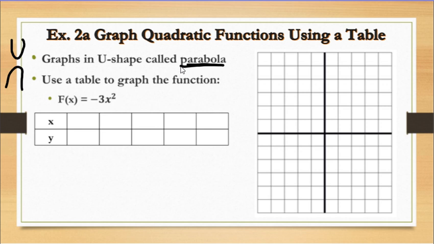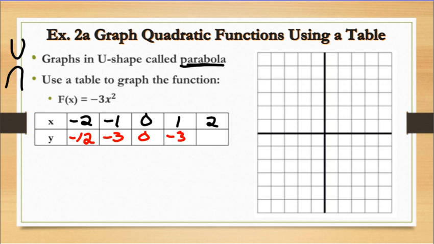We're going to start with -2, -1, 0, 1, and 2. Then I plug in my numbers into x. A -2 squared is 4. 4 times -3 is -12. -1 squared is 1. 1 times -3 is -3. 0 squared is 0, times -3 is 0. 1 squared is 1, times -3 is -3.